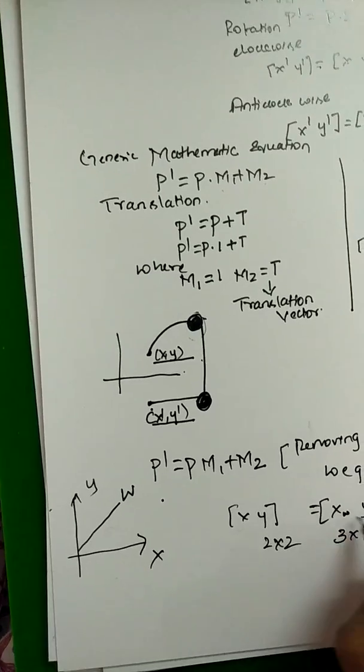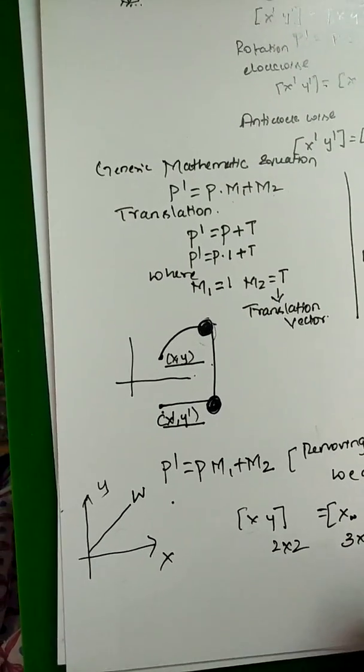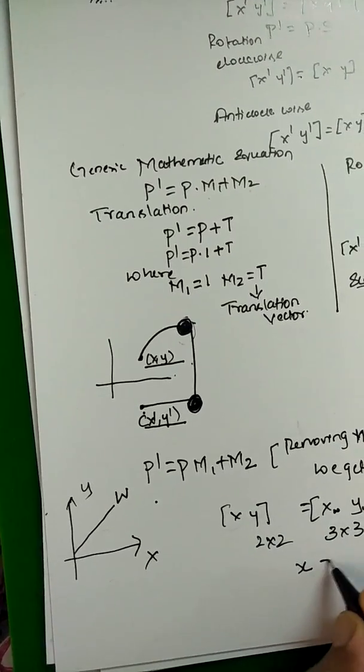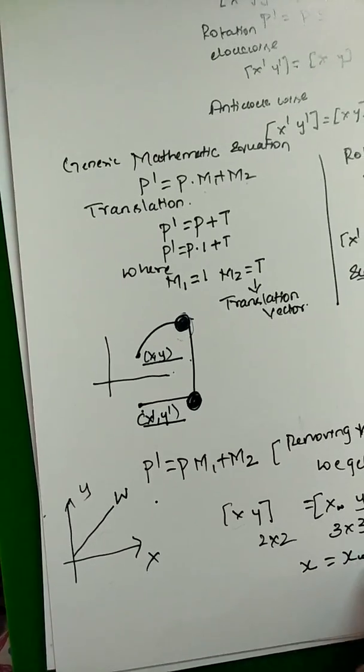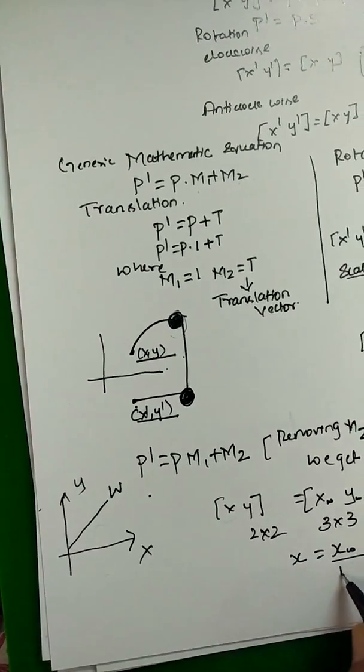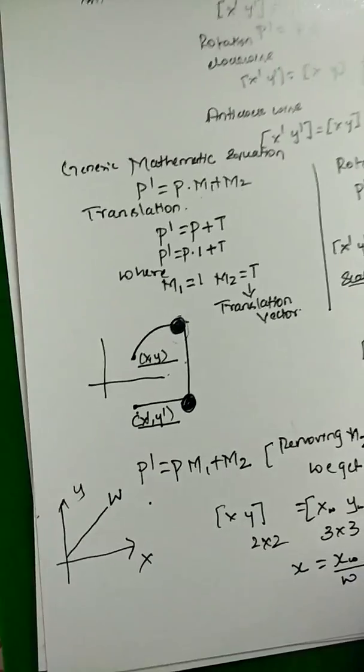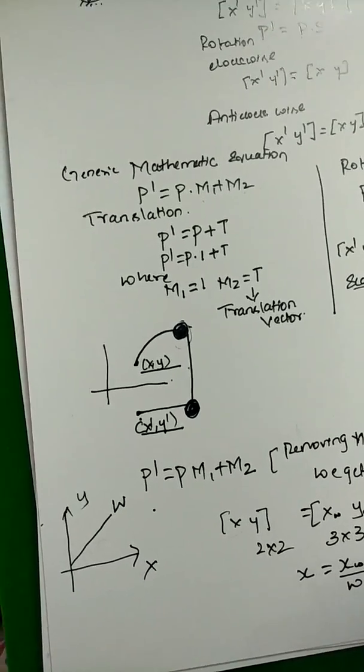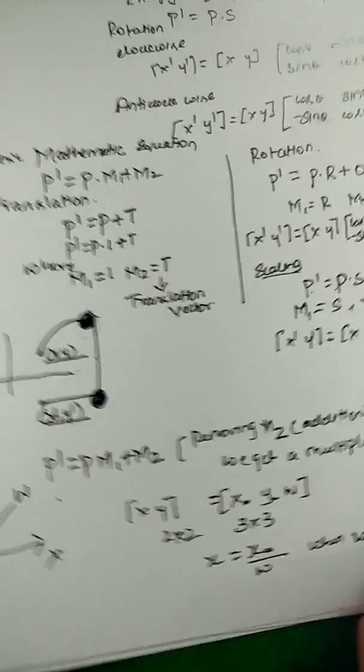Let's assume I'll take this as XW and YW. Fine. I can get this X coordinate from this using this equation when W is equal to 1.